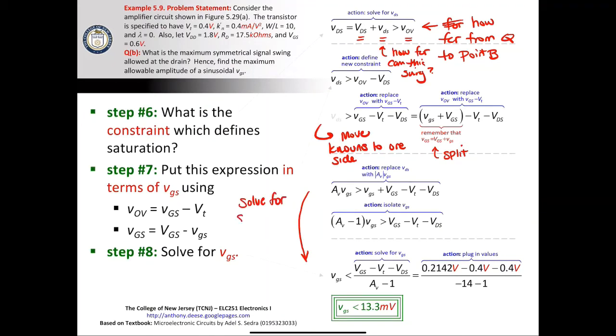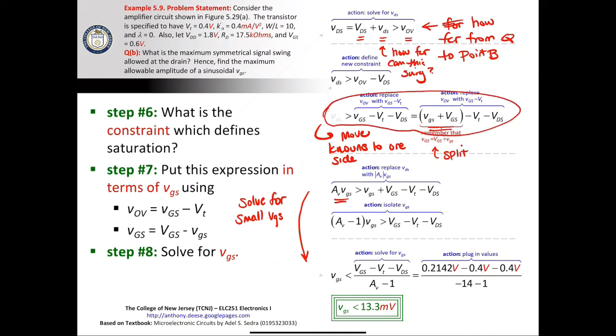Now what we can do is take VDS and replace it with the gain times small VGS. Right, we move things to one side. We substituted in our large and small signal components for the total VGS. Now what we want to do is make this equation something that we can solve in terms of only one unknown.